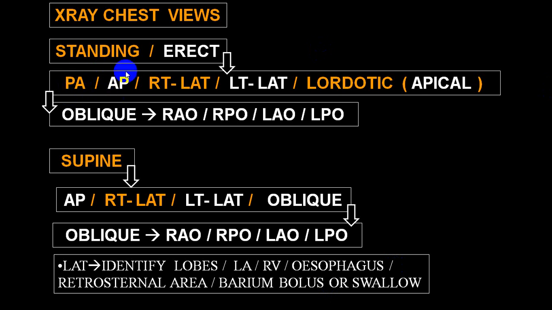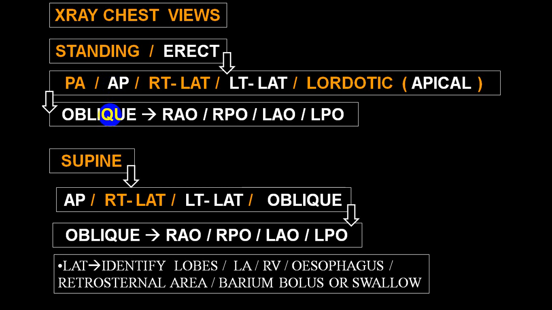And if you want to visualize the spine and posterior structures, AP view is necessary. Whenever two or three structures are overlapping and you cannot differentiate them in a PA view or AP view, you may ask for a right lateral or left lateral.